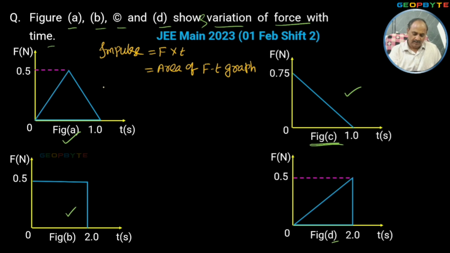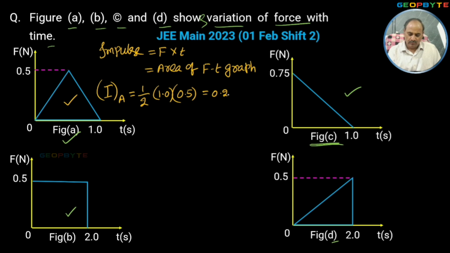Force versus time graph. Then the impulse for A, it is looking like a triangle, half into base 1 into height 0.5. It is 0.5 into 0.5, 0.25 Newton second. That is the impulse for A. Similarly, impulse for B, it is looking like a rectangle, breadth multiplied by height, 2 into 0.5. It is equal to 1 Newton second.